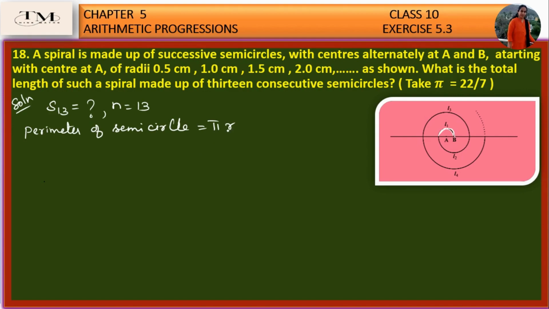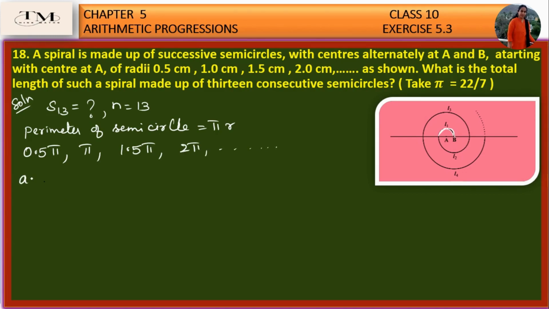Now substituting the value of r: for the first semicircle it is 0.5, so it will be 0.5 pi. For the next semicircle it is 1 centimeter, so 1 into pi, it is pi. Next for the third one it is 1.5, so 1.5 pi. For the next it is 2, so it is 2 pi. And it goes on like this.